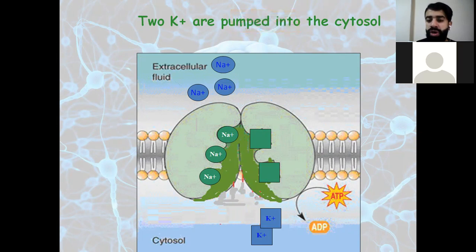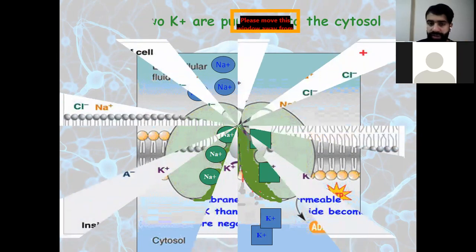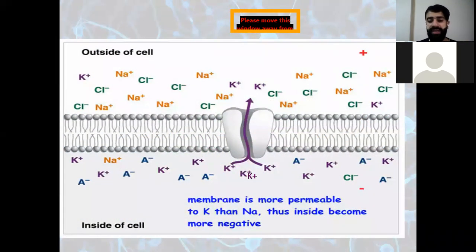So 2 K plus are pumped inside the cytosol, and 3 Na plus go out to the extracellular fluid. That's why we lost one of the positives. Here we have only two positively charged ions. So membrane is more permeable to K than Na. Thus, the inside will be more negative.